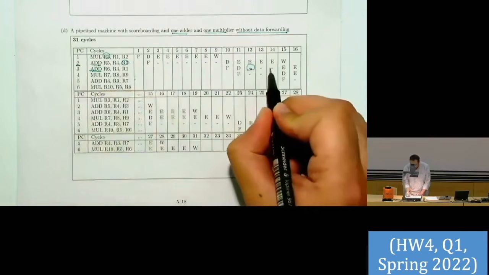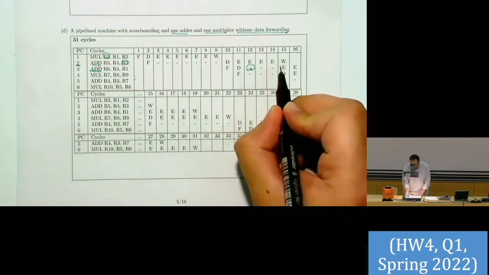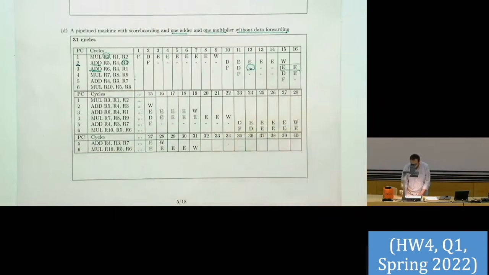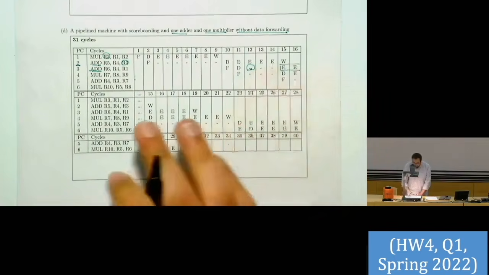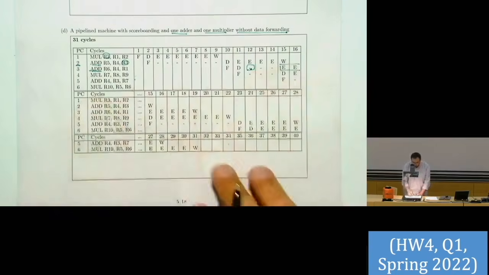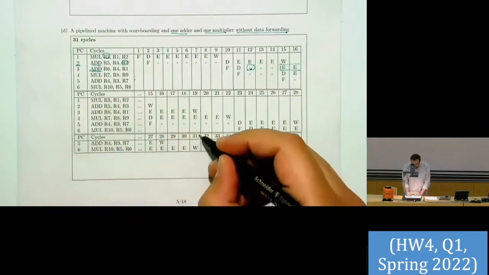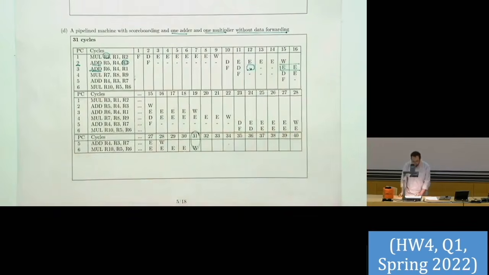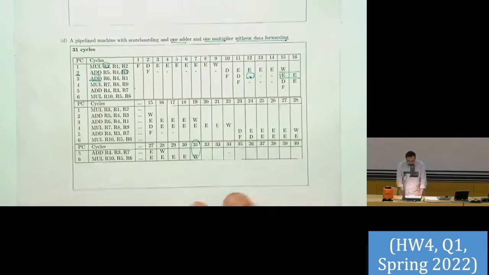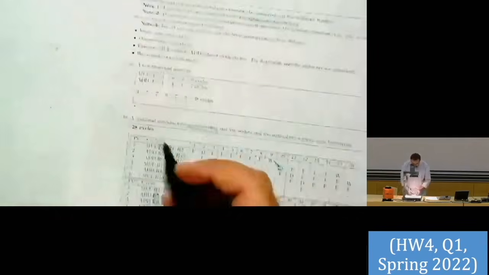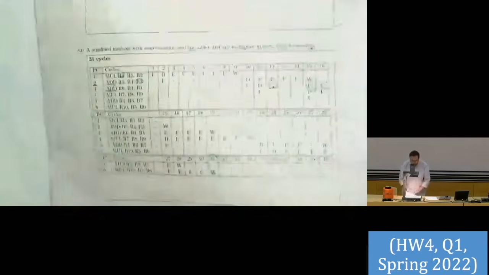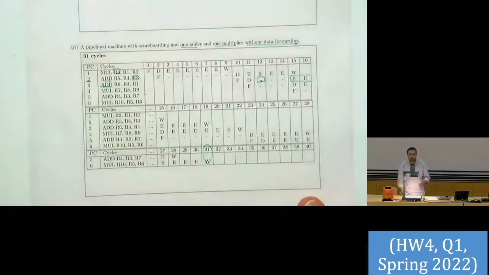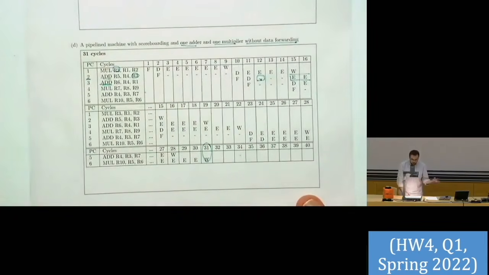So we need to wait until it's completed, and then we start using it from this side. Once you follow the same idea and do the rest, you see that we completed in the 31st cycle, whereas in the previous one it was 28. Now we have lost 3 cycles because we don't have additional adders and multipliers.